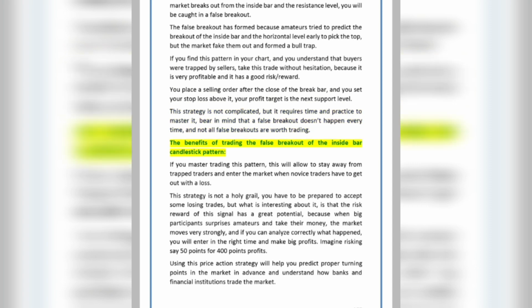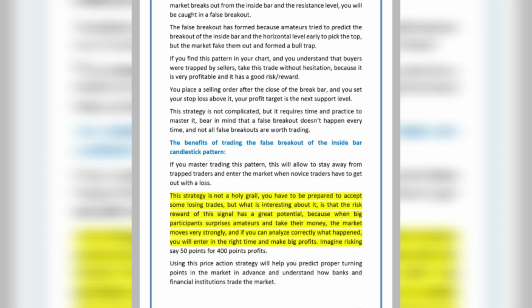The benefits of trading the false breakout of the inside bar candlestick pattern. If you master trading this pattern, this will allow you to stay away from trapped traders and enter the market when novice traders have to get out with a loss. This strategy is not a holy grail.